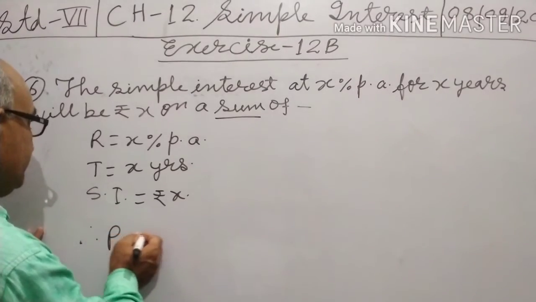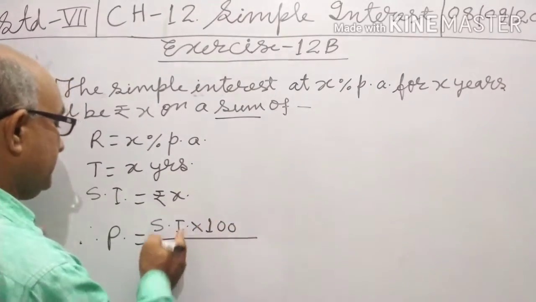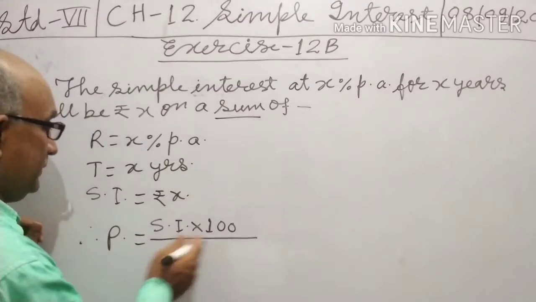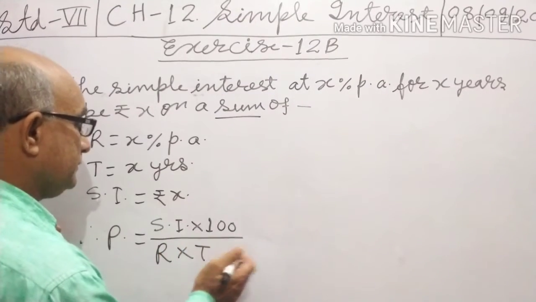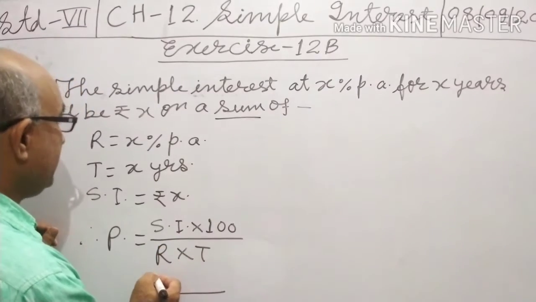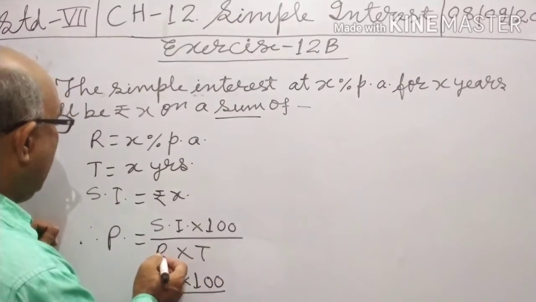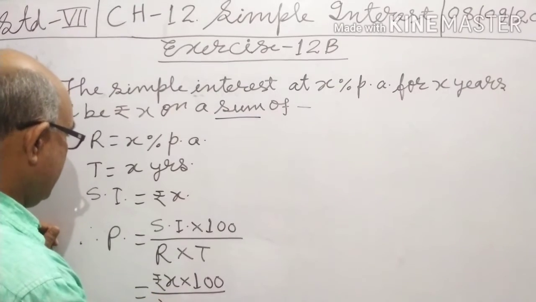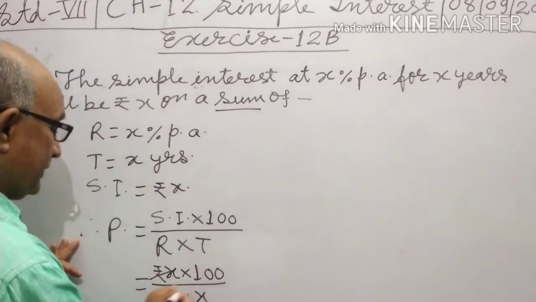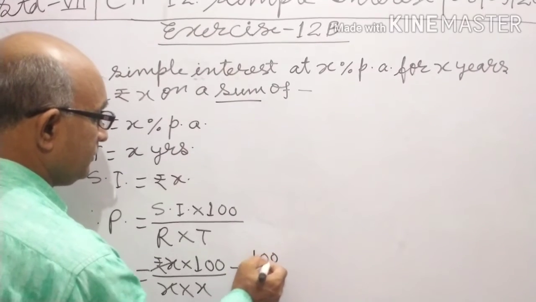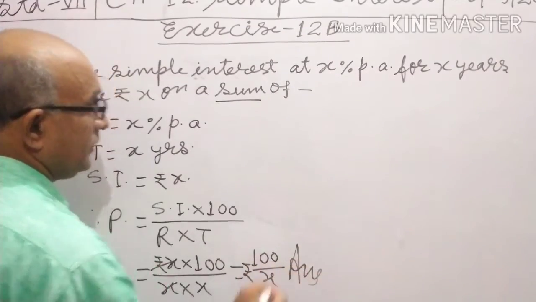So P equal to SI into 100 by R into T, equal to SI rupees X into 100 by R into T. R is X%, X into X. X and X cancel, equal to rupees 100 by X. Answer.